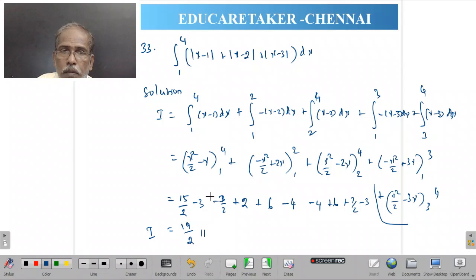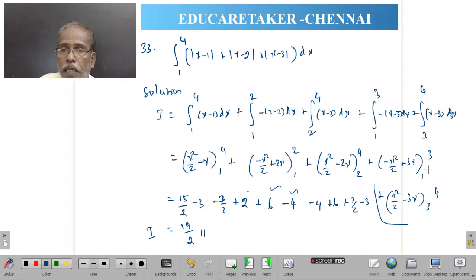This is 15 by 2 minus 3, then minus 3 by 2 and plus 2. Then 4 square minus 2 square, 16 minus 4 is 12, 12 by 2 is 6, correct. Then 4 minus 2 is 2, into 2, 4, also correct.